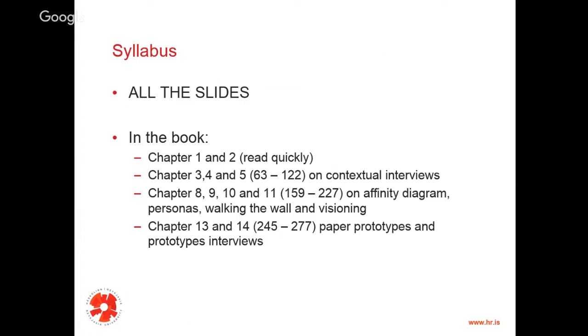Chapter 8 is on affinity diagram, 9 personas, 10 is on walking the wall, and 11 vision. So these are all good to read. And then chapter 13 and 14 are on paper prototypes and prototype interviews. So you used all the methods and you're supposed to be able to describe those.